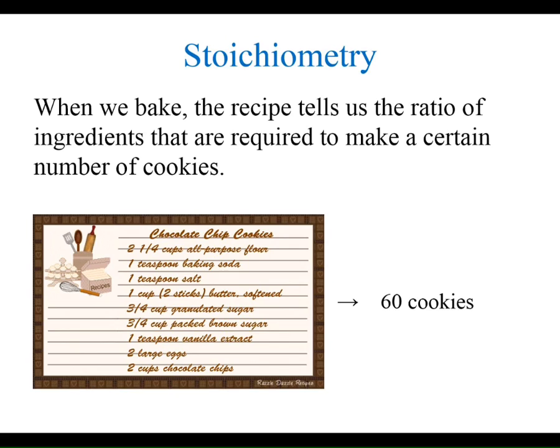So I happen to pull one up here. This is like a balanced equation in a sense, where this ratio of reactants gives you this ratio of products. So, of course, if you change the ratio of reactants, you're going to change how many products you get out too, right?